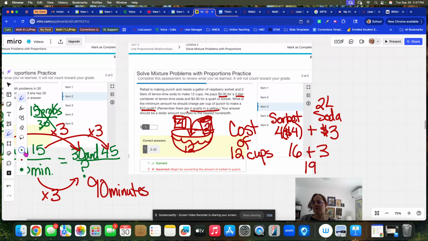But he wants to make a $10 profit. Okay, so he's going to pay the $19 for ingredients. He's going to need a $10 profit. That means he's going to need to earn at least $29. Okay, this is how much he's going to earn.